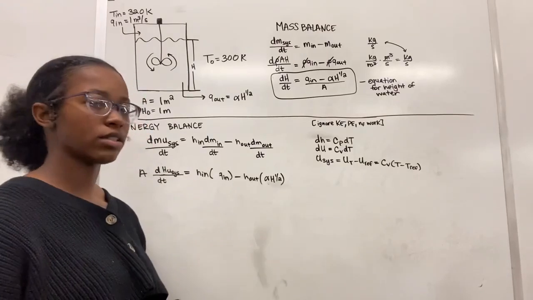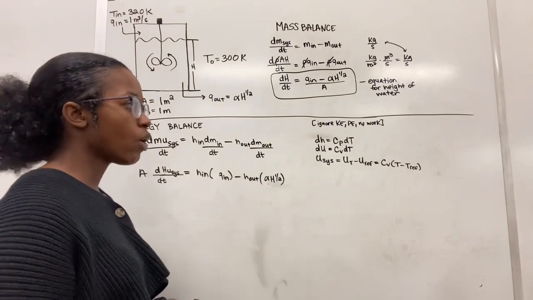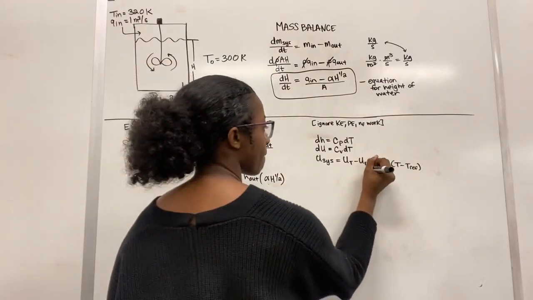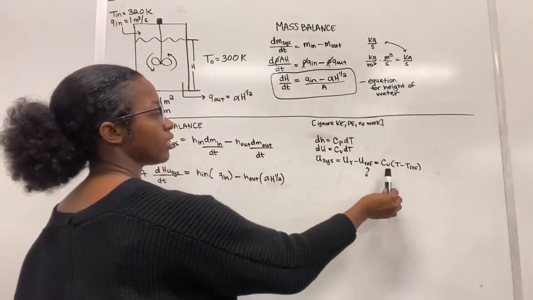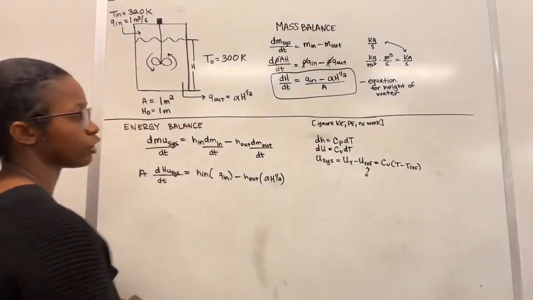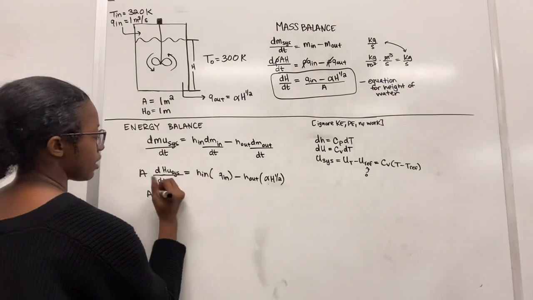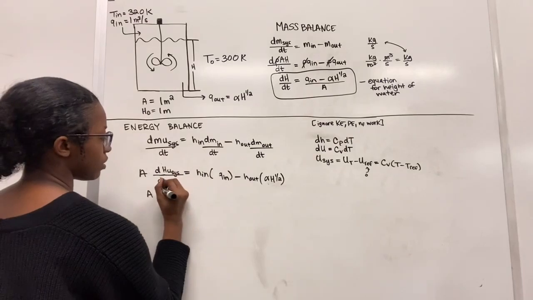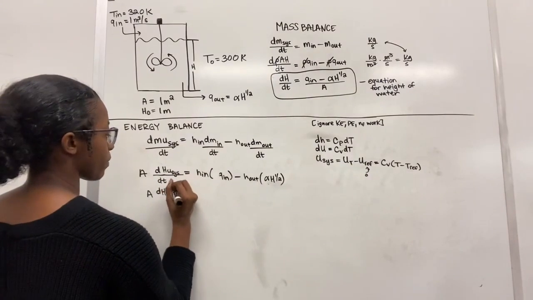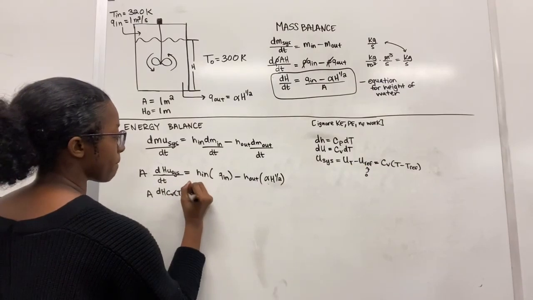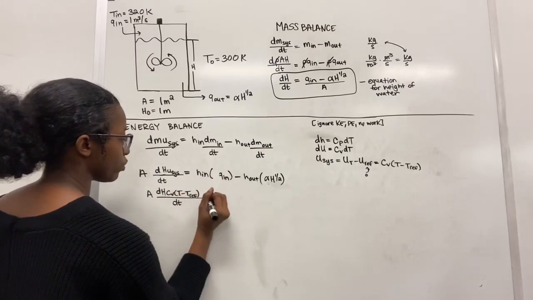However, say for instance, we didn't say that the temperature reference was 0. All we would have to do is put this expression in for the internal energy of the system, so that we have A times the change in height times our constant volume heat capacity times T minus T ref with respect to time.